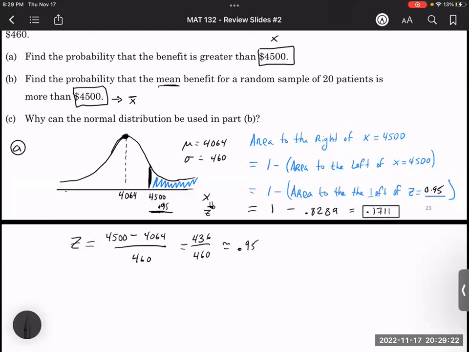And that would be the solution for part A. The whole point was finding the area to the right of X, but I first had to find the area to the left of X. Once I did, you subtract it from 1 to get the area to the right. Questions with part A?